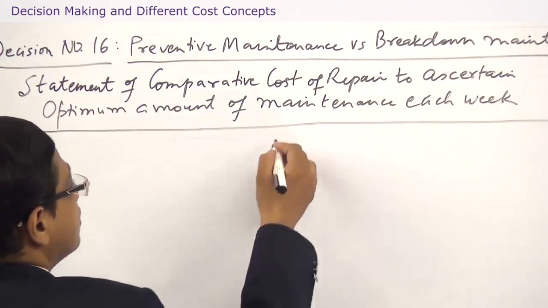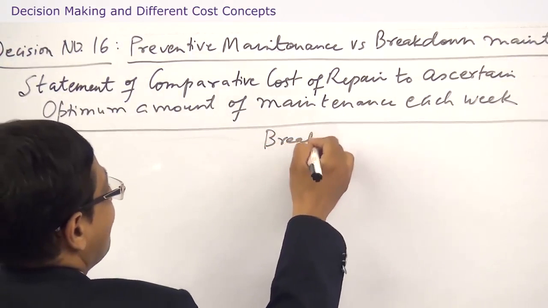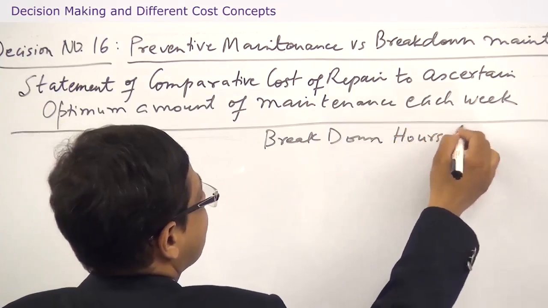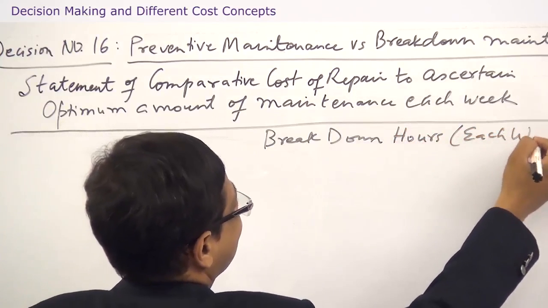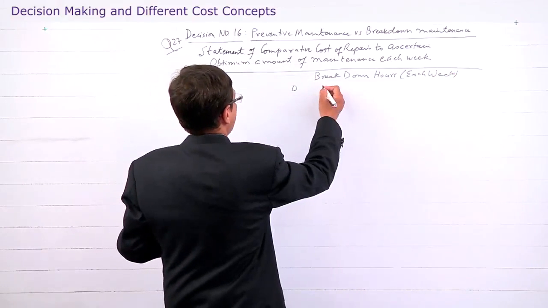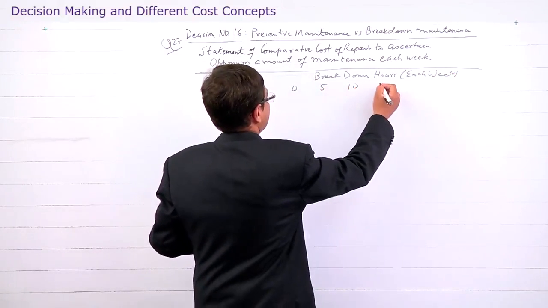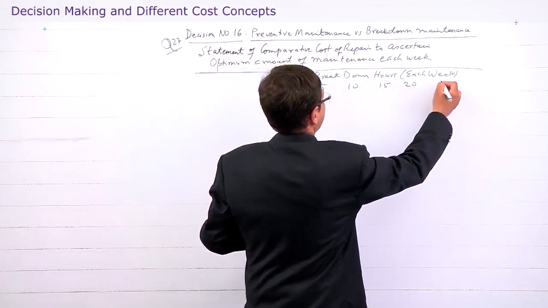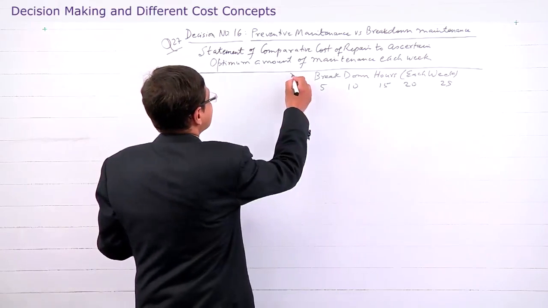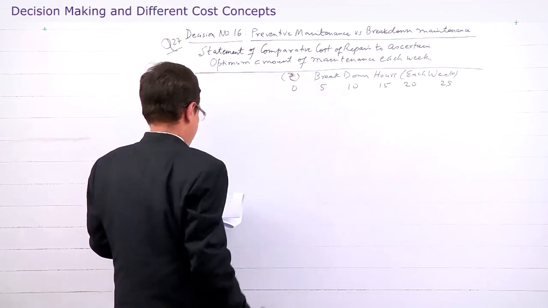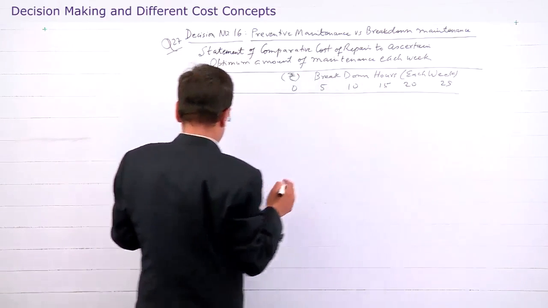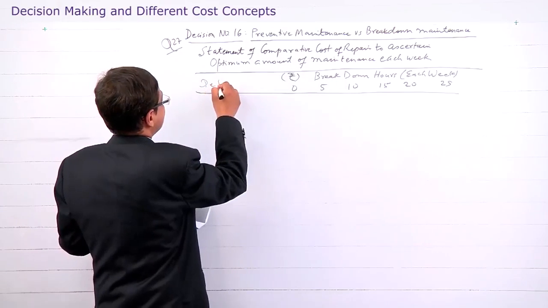So, breakdown hour is given in terms of each week: 0 hour, 5 hour, 10 hour, 15 hour, 20 hour and 25 hour. These details are provided in terms of rupees.